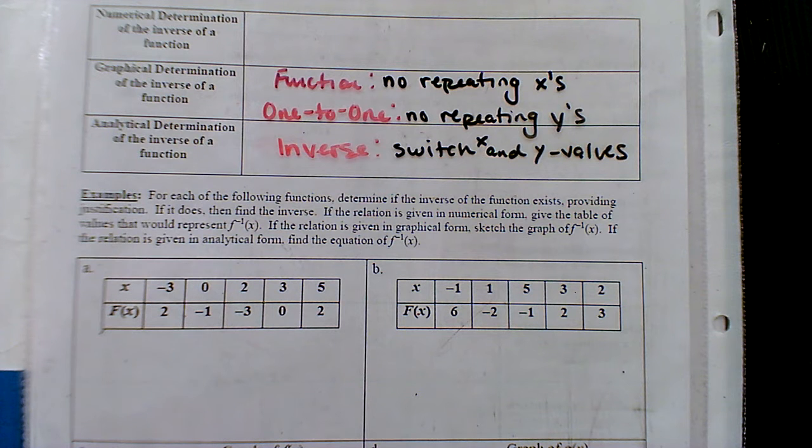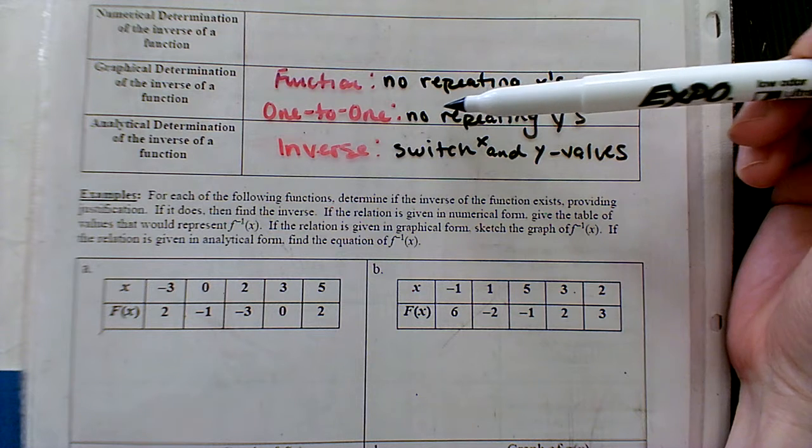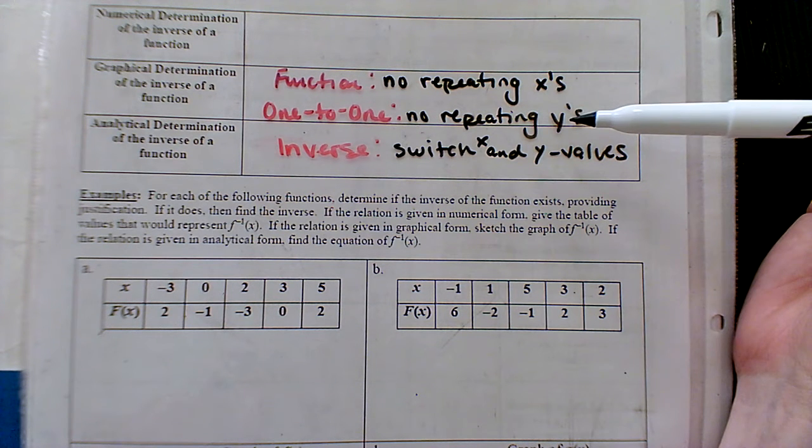Okay. Now, yesterday, at the bottom of page 107, we went through a critical thinking process to analyze when an inverse exists and when it doesn't exist. Remember doing that? If we look at those few sentences we wrote, we initially determined that if a function is not one-to-one, that means it has repeating y values.